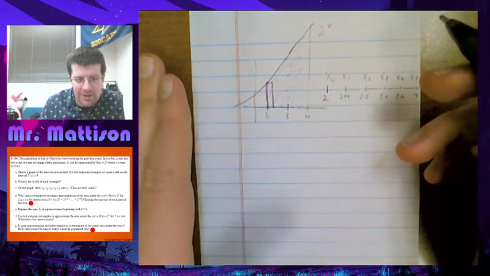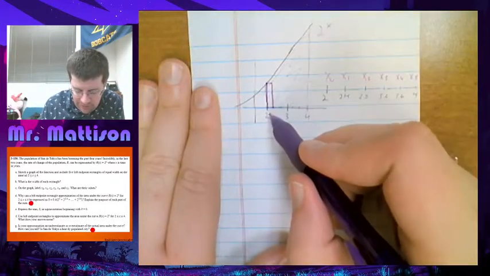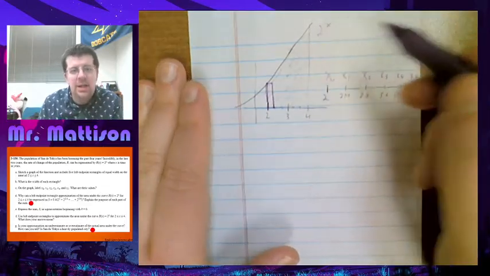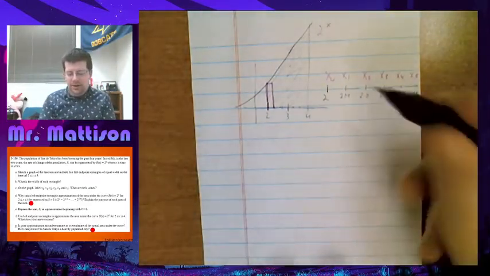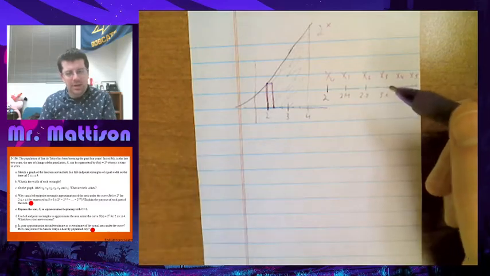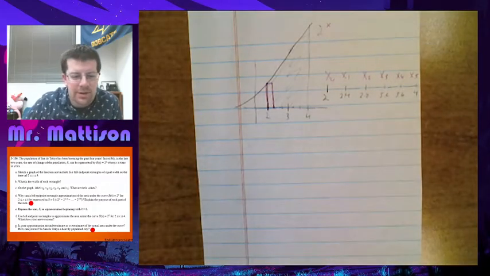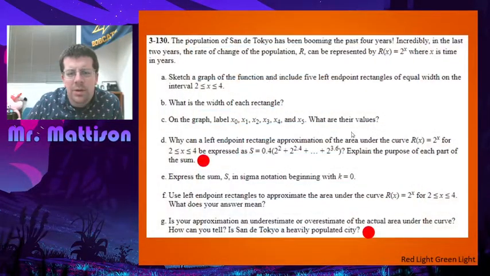Since my area is just length times width, each one of those rectangles is going to have that 0.4 in front of it. What they're effectively doing here is just factoring out that 0.4 from all of those and saying, here's my width times all of these individual heights going across here.